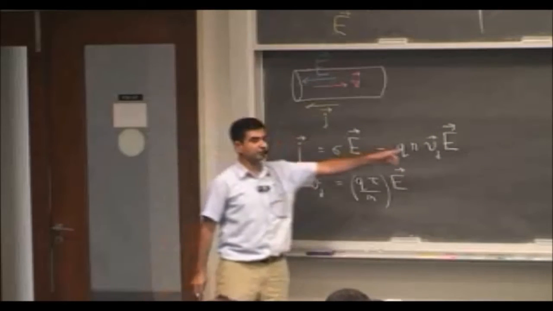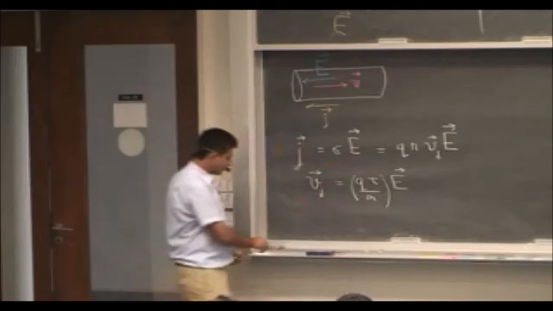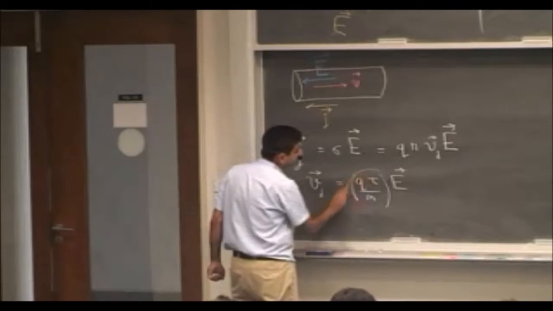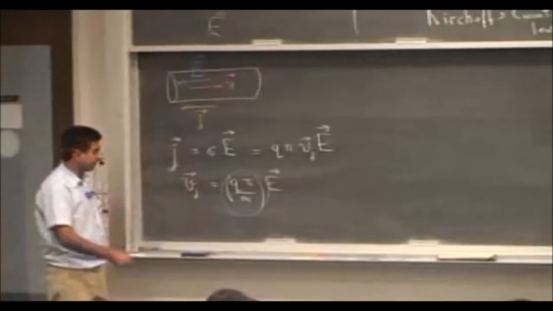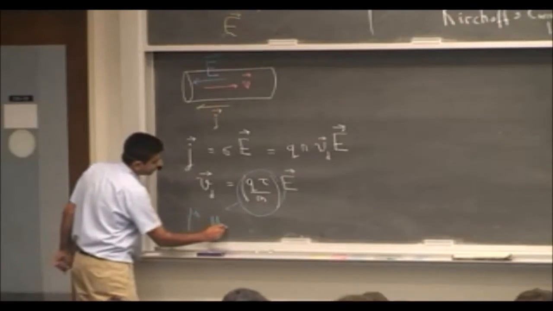So J is proportional to the electric field. These are relations we derived in the previous class. The relationship between the drift velocity and the electric field is also called mu, the mobility of the charge carriers.